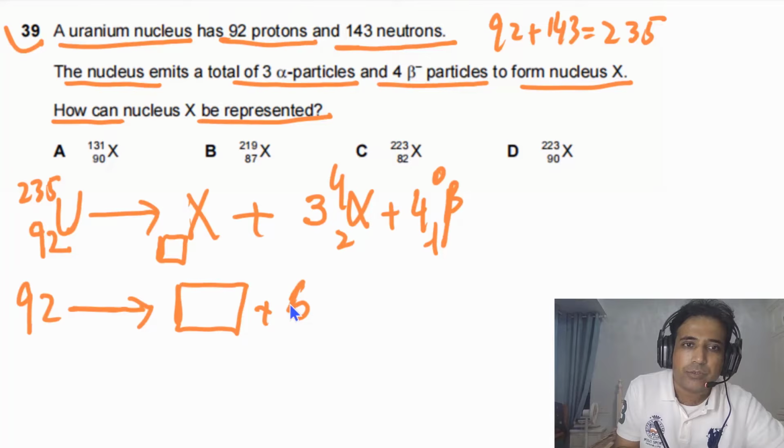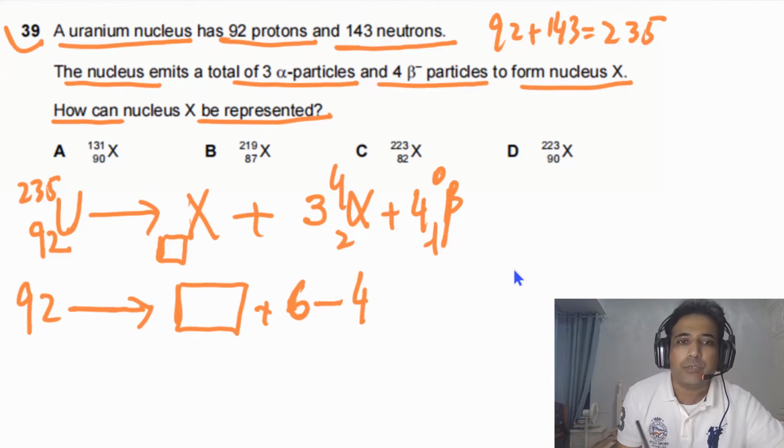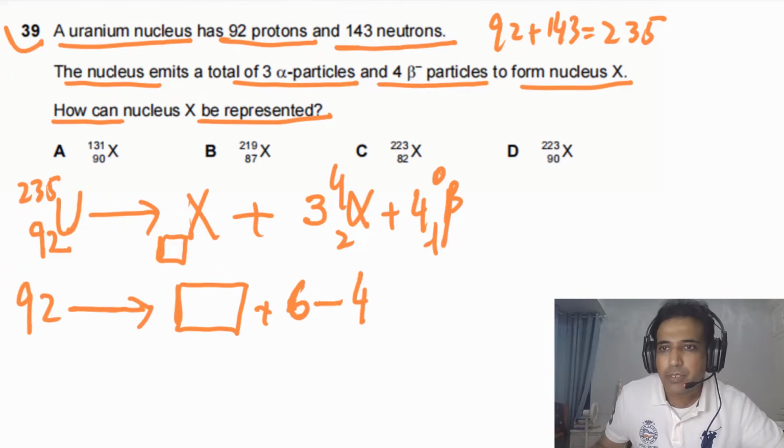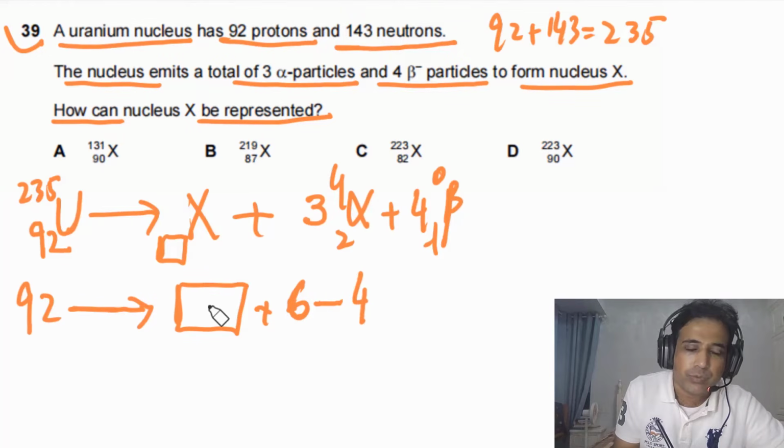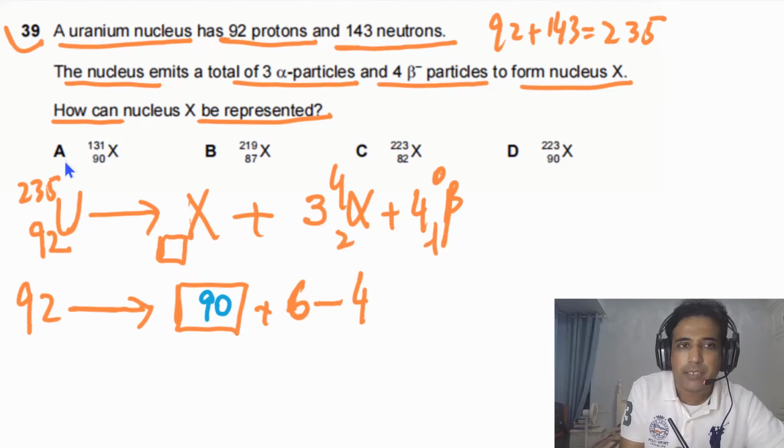Then 4 beta minus particles increase it by 4. So it simply means that atomic number decreases by 2. So this one has to be 90. The sum of them has to be equal to this one. So the answer in this case can be D, or answer can be A.